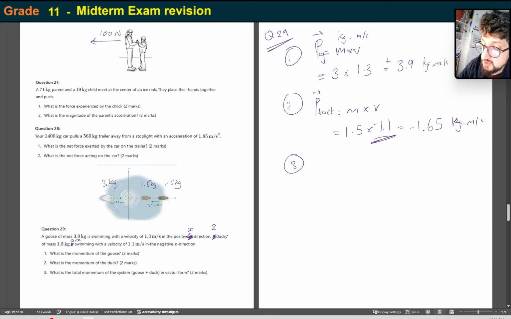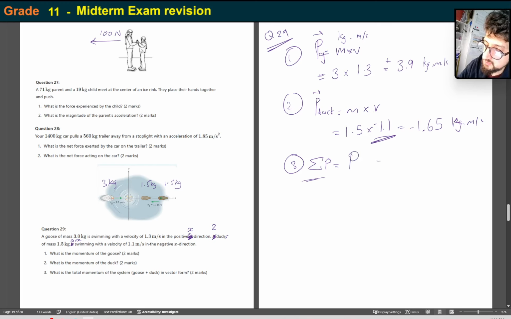The third question asks me to calculate the momentum of the entire system, the goose plus the ducks. Okay, so it's going to be total momentum. This just means total momentum equals the momentum of the duck, minus, oh sorry, the momentum of the goose.